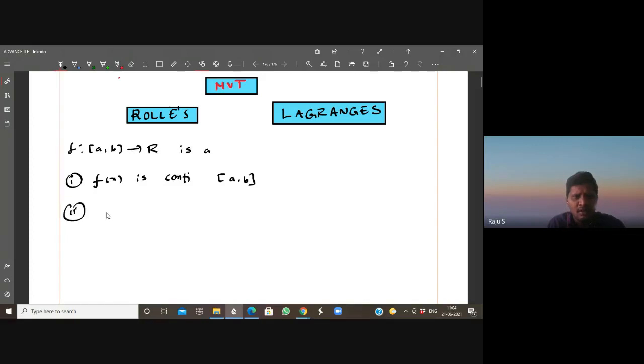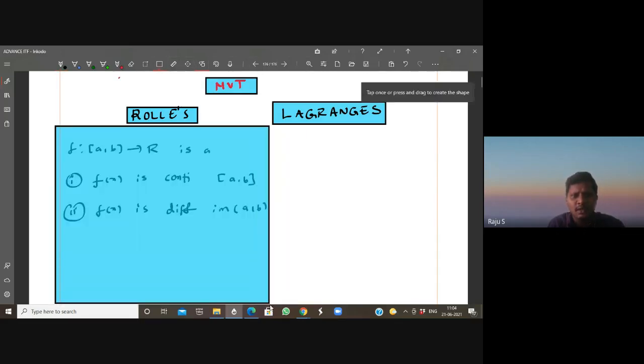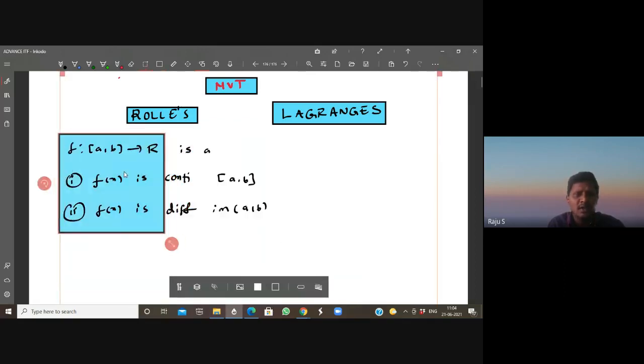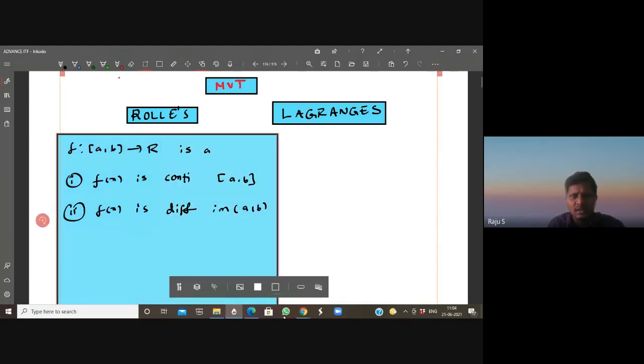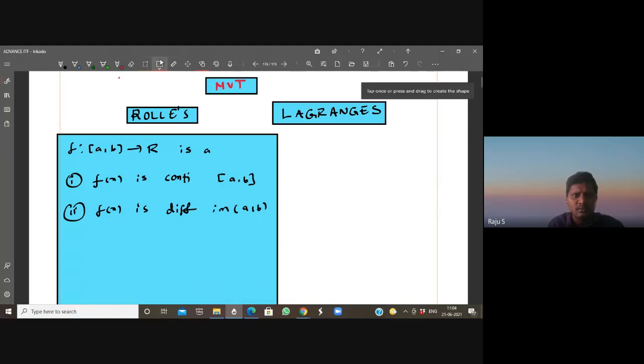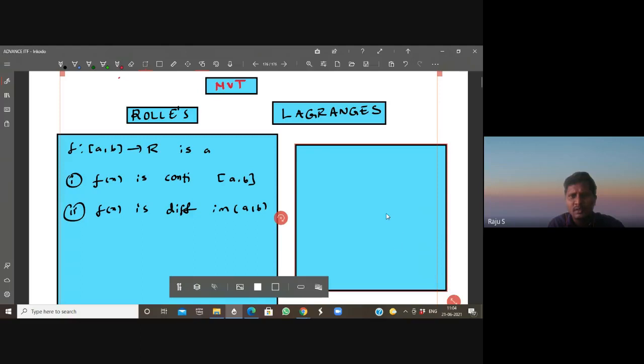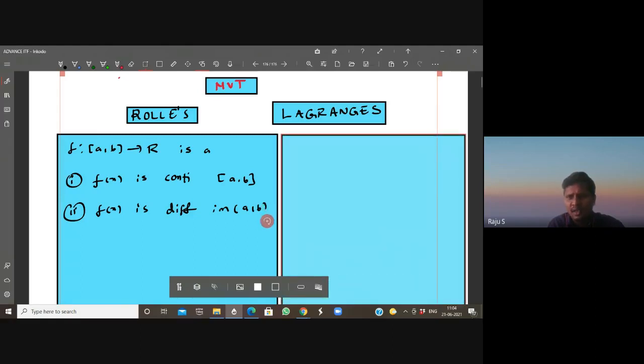The second point is f of x is differentiable in the open interval a comma b. Lagrange's also has the same first two conditions. In Rolle's, the first condition is f of x is continuous in the closed interval, and the same condition is taken here.